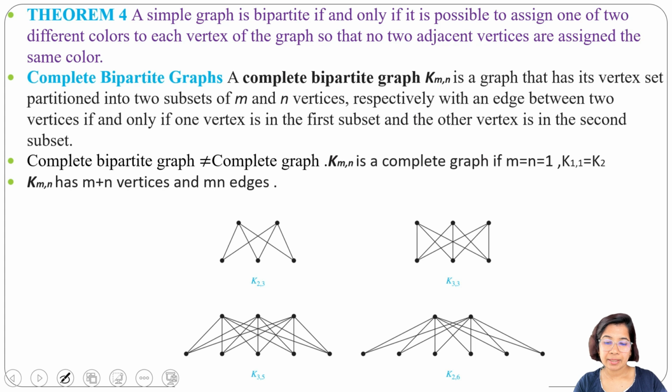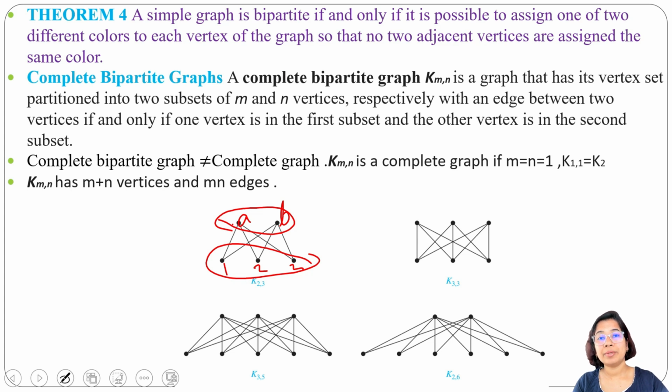Now these are some examples. This is K(2,3): one group contains two vertices, the other group contains three vertices. Let this be A, B, and this be 1, 2, 3. So A is adjacent to all of 1, 2, 3, and B is adjacent to all of 1, 2, 3. 1 is adjacent to A and B, 2 is adjacent to A and B, 3 is adjacent to A and B. So you can say each vertex is adjacent to every vertex of the other subset.